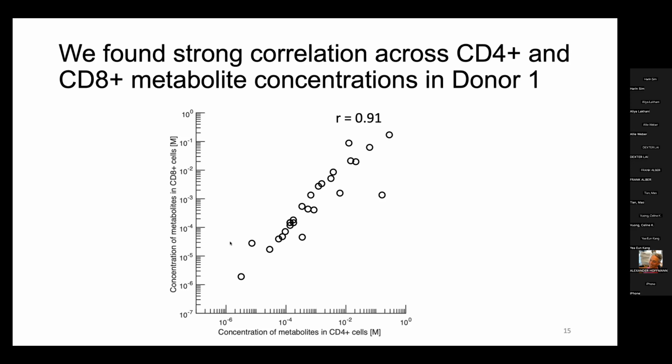I found really strong correlation across both the CD4 plus and the CD8 plus metabolite concentrations. This is a lot higher than the correlations that we saw across different organisms. So this is very interesting. It might suggest that there's very little difference between CD4 and CD8 T cell metabolism, and perhaps some of these outliers might be interesting to look at.